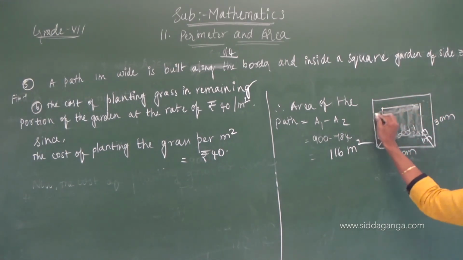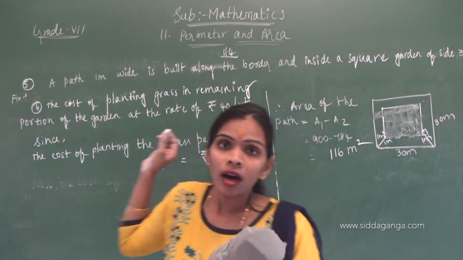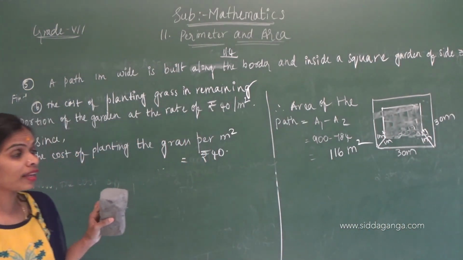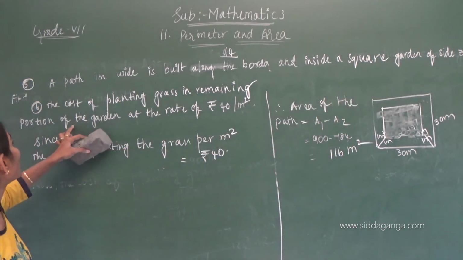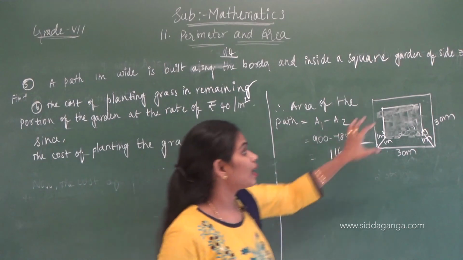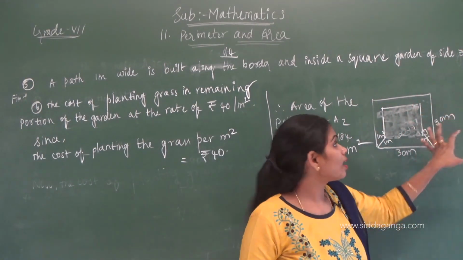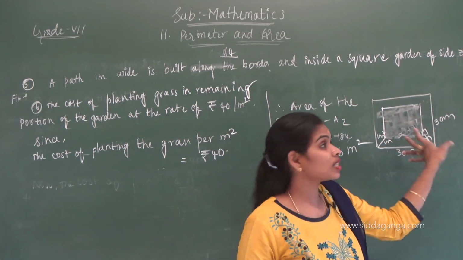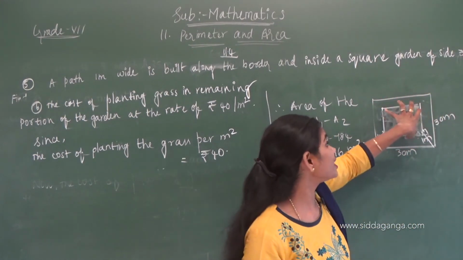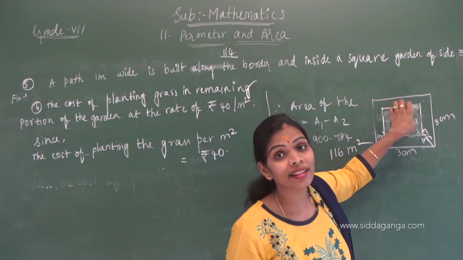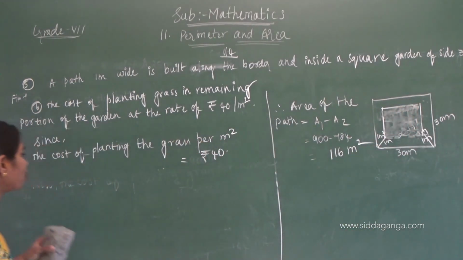In the remaining part, what is the cost to plant the grass? This is one whole square garden, and one path is constructed. In the remaining part they want to plant the grass, that cost we have to find.